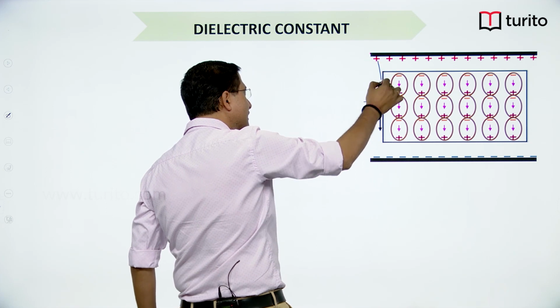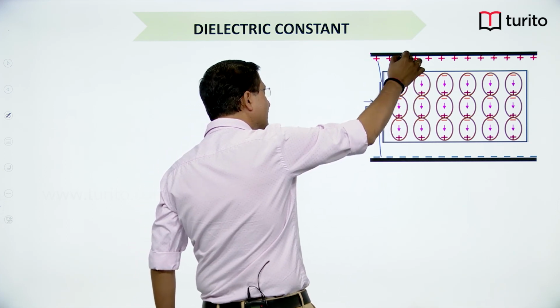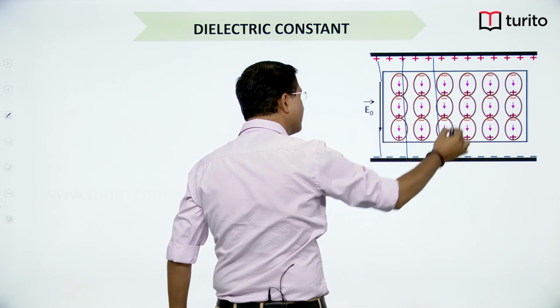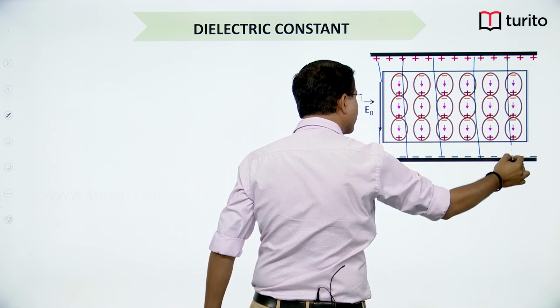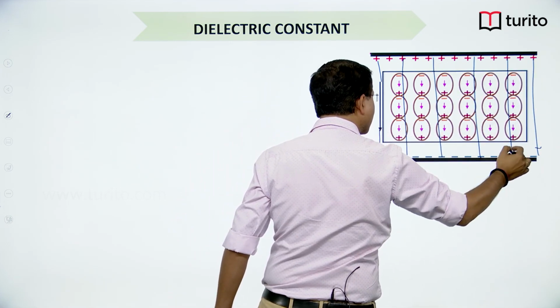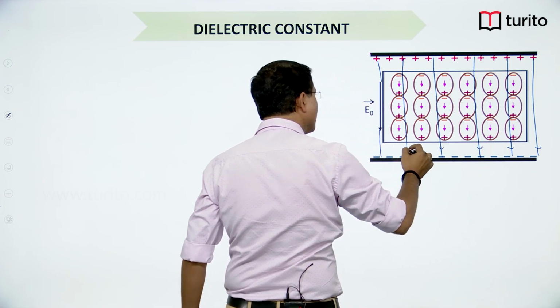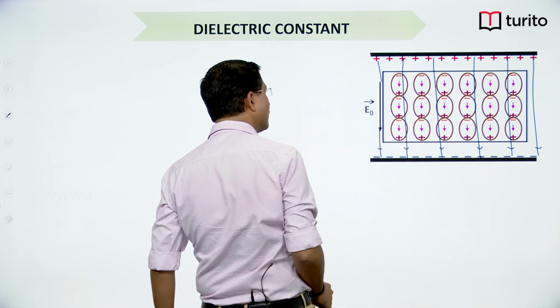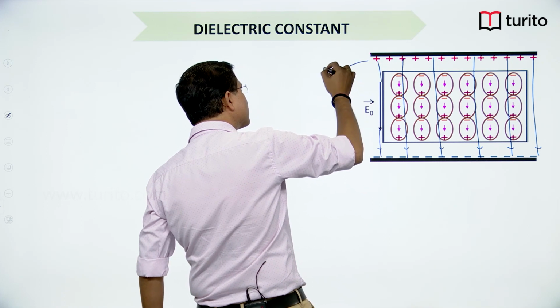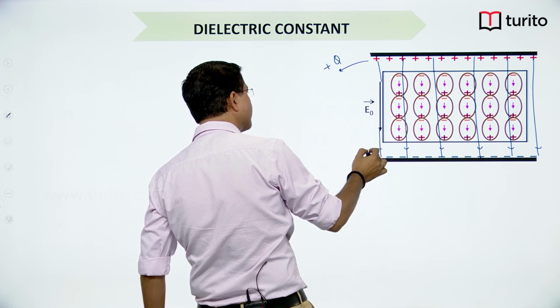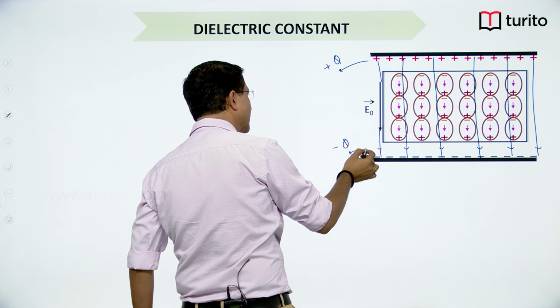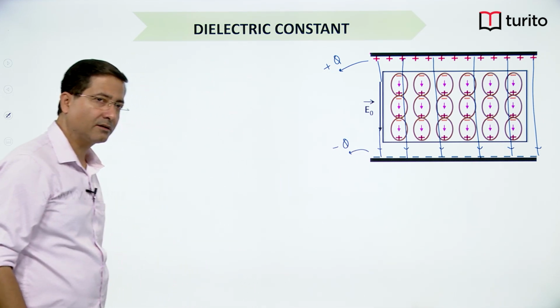So, E naught will be something like this, right. So, this way there will be a field in the space due to the charges on the two plates of the capacitor. This is plus Q charge and this is minus Q charge, and we know the magnitude of this field, right.